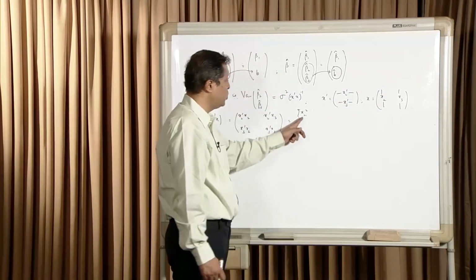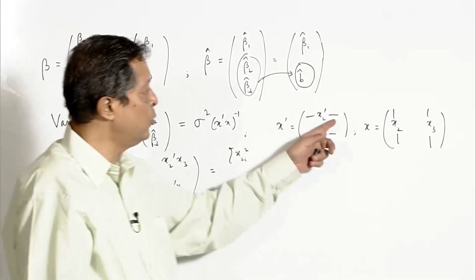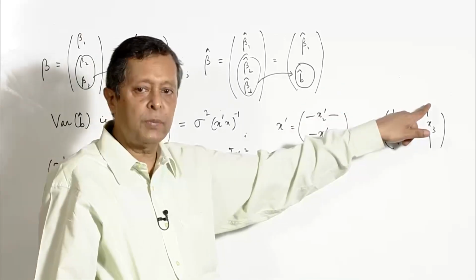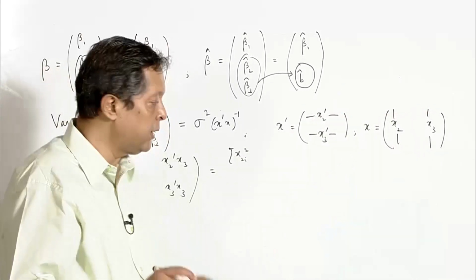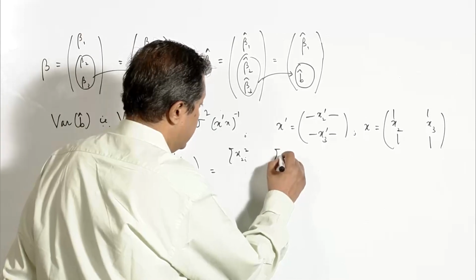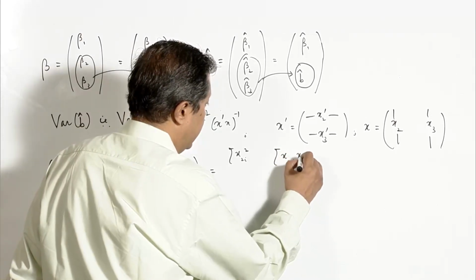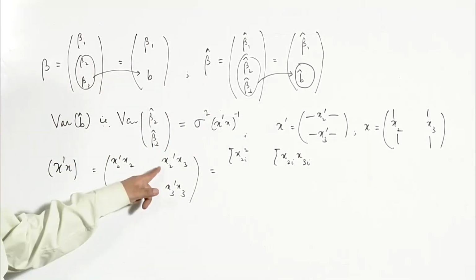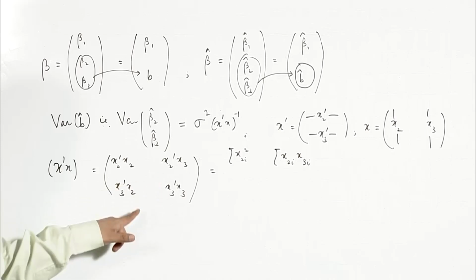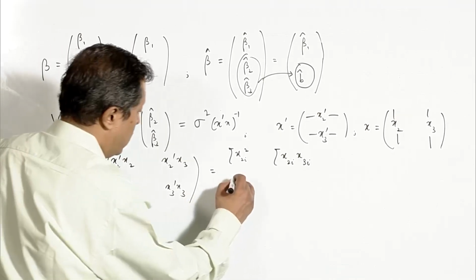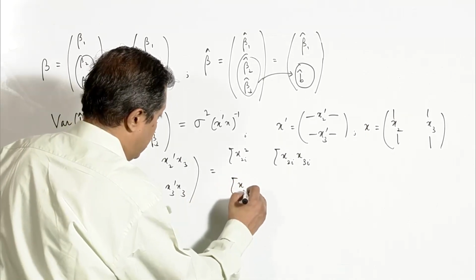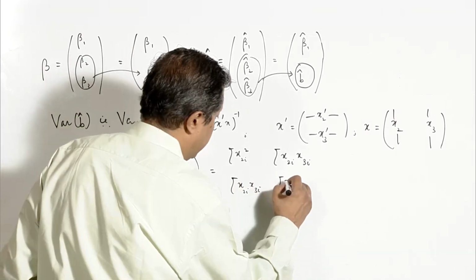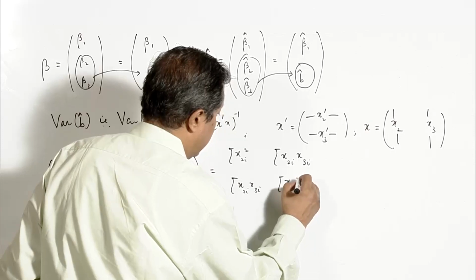What is x2 prime x3? Observations on x2 multiplied by the corresponding observations on x3. So, it is a product, that is summation x2i x3i, and the reverse is also true. If you take the transpose of this, because it is a scalar, the transpose is also the same. So, it is x2i x3i again, and finally, we have summation x3i square.